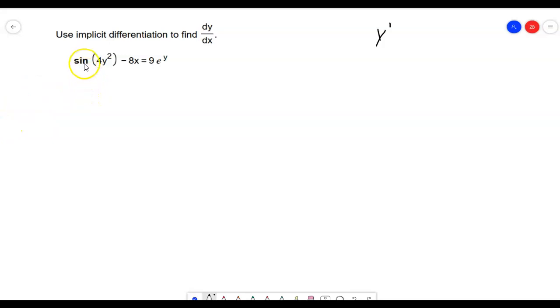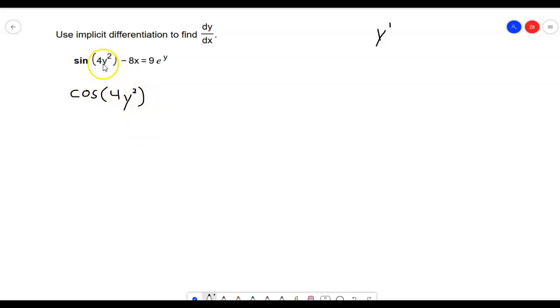All right, so first things first. We have to use the chain rule for this. The derivative of sine is cosine, so this would be cosine of 4y squared times the derivative of the inside function, because we have to chain rule that.